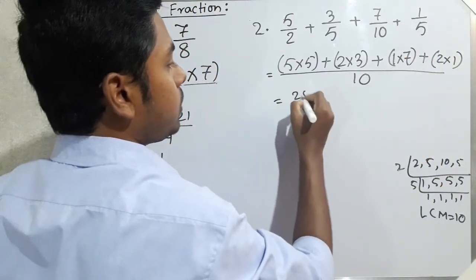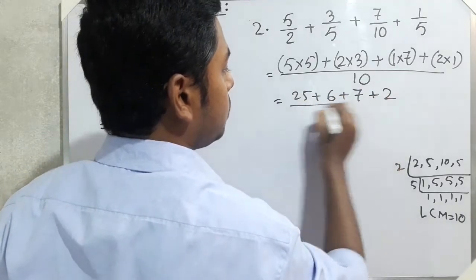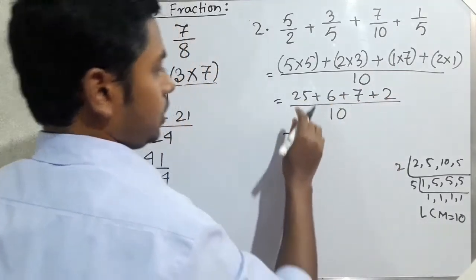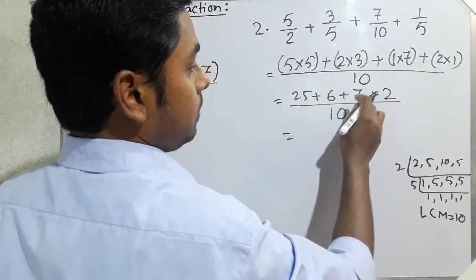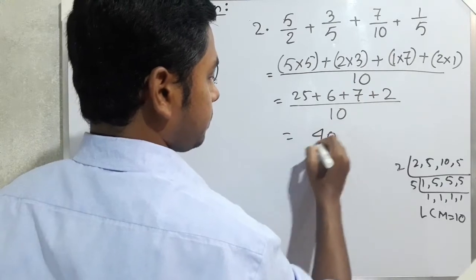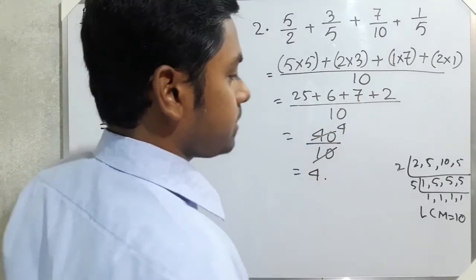So 5 5s are 25, 3 2s are 6, 7 1s are 7, 2 1s are 2. 25 plus 6 is 31, 31 plus 7 is 38, 38 plus 2 is 40. Now 10 4s are 40, so 4 is the answer.